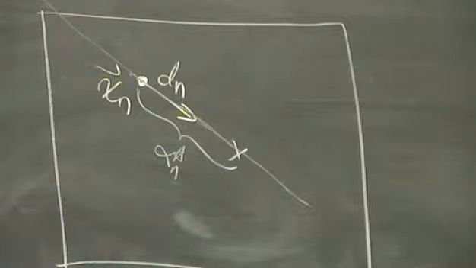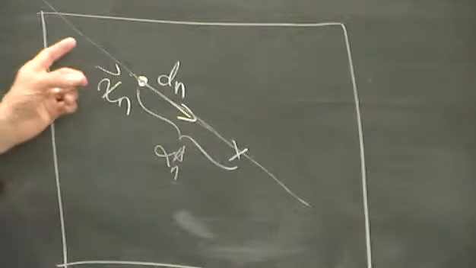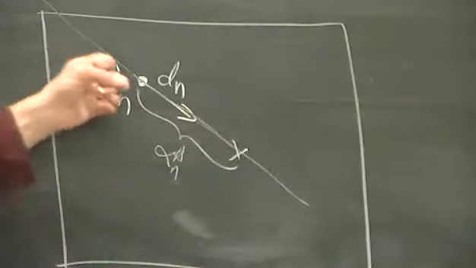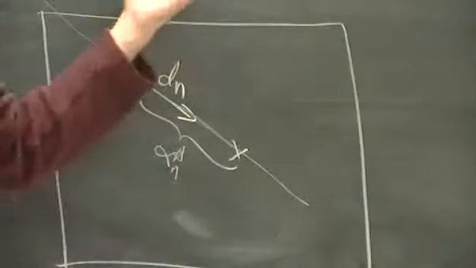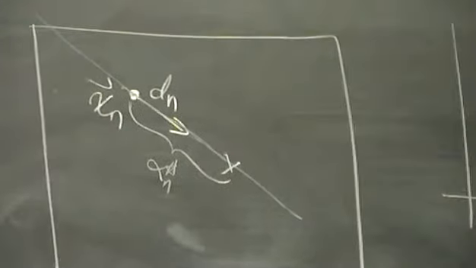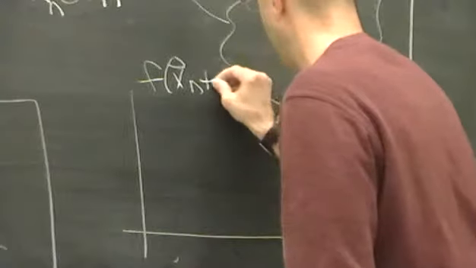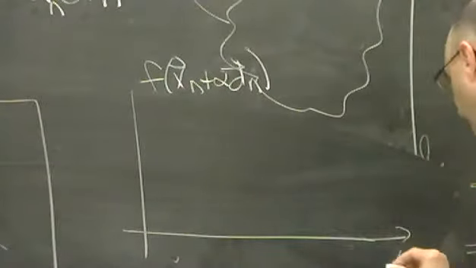Yes? If it's changing rapidly, you probably want a short distance. Very good. It depends upon the behavior of the function along this direction. So let's think about that behavior. If I make a plot of the function f at xn plus alpha times dn, as a function of alpha, let's see how this guy is going to behave, right?